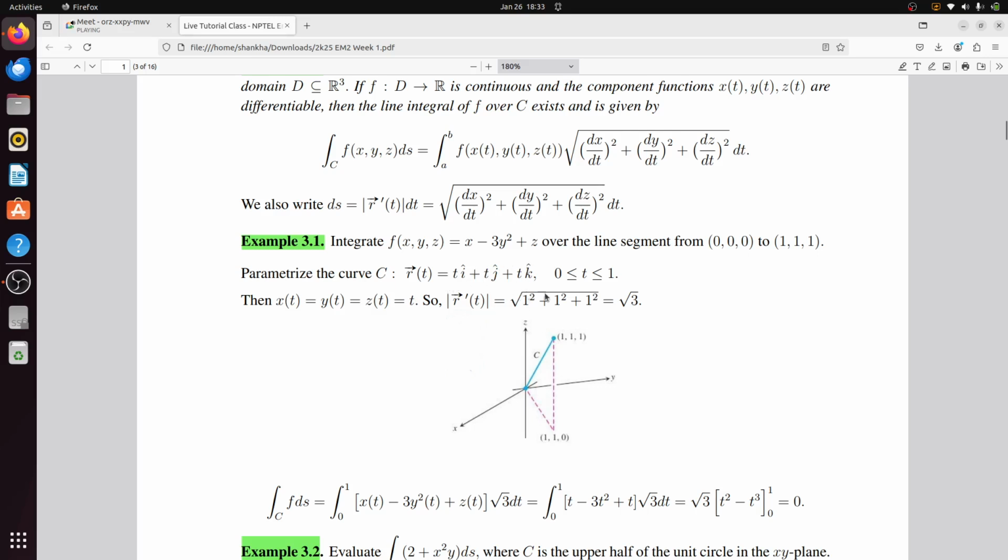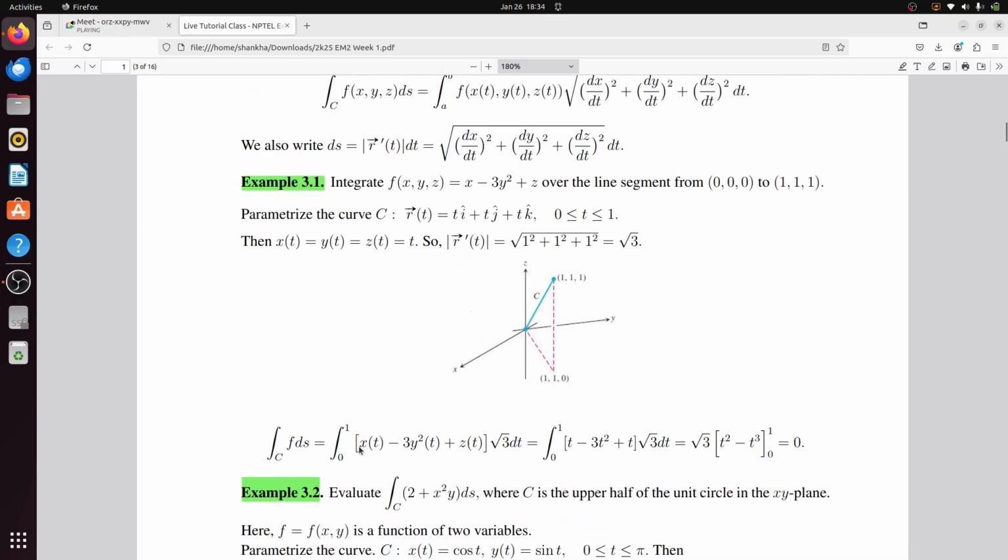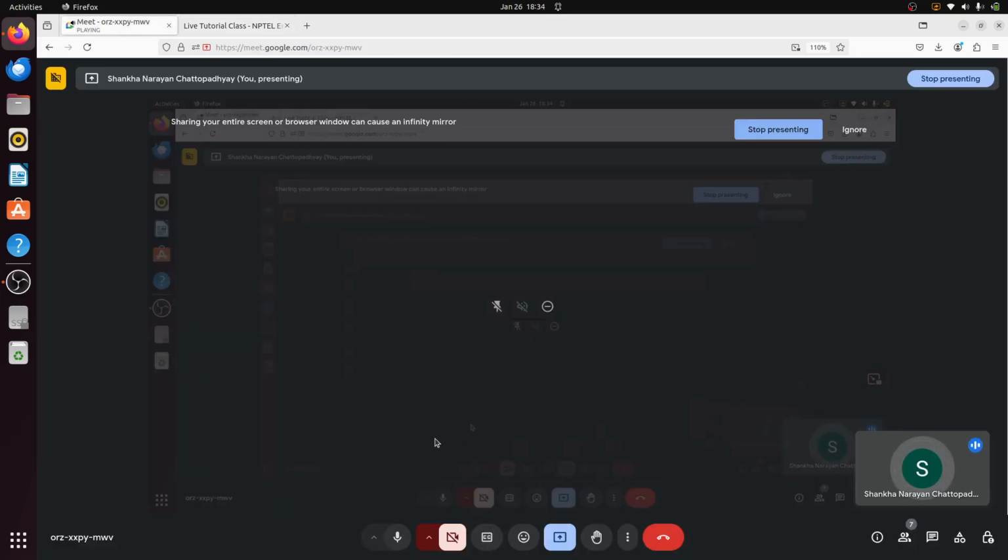So the absolute value of r'(t) will be square root of 3. Next you need to take the integral of f ds from 0 to 1, of x(t) minus 3y squared(t) plus z(t). Any question?